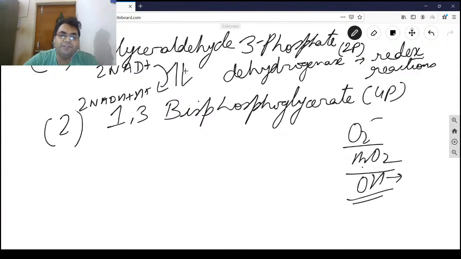So this is a very special case. What the cell uses is Pi, free Pi, which is present in the cytoplasm, in the cytosol. There are Pi reserves also. It is not getting Pi by breaking down ATP. There are Pi molecules present in the cytosol itself.